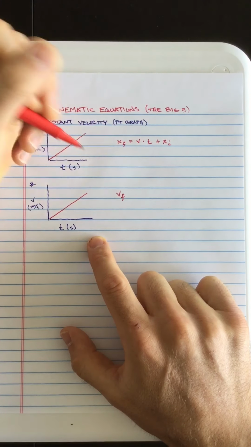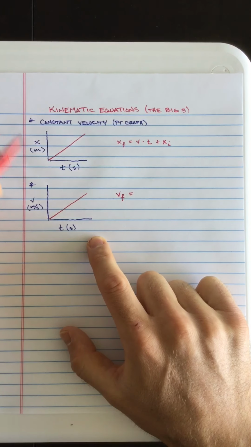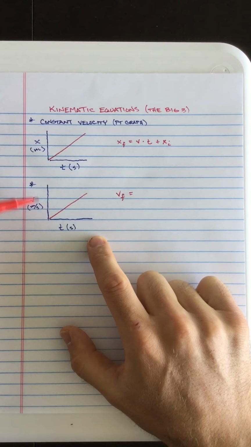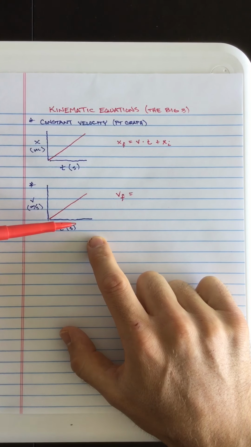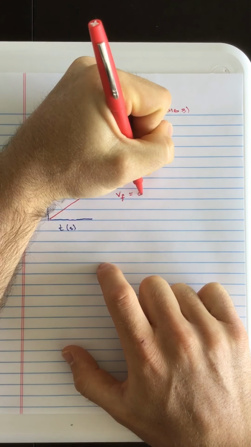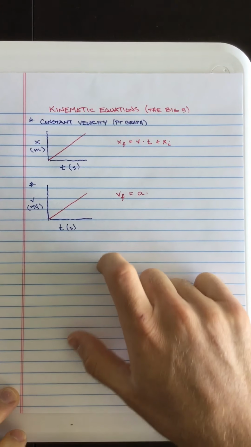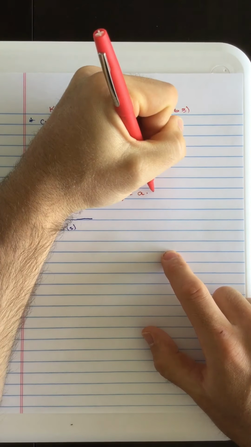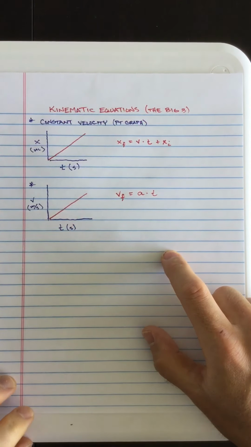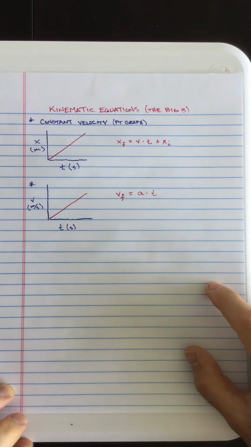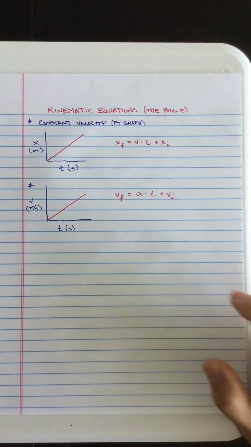So it's going to be final velocity equals, we already learned in class that the slope of a velocity versus time graph is change in velocity over change in time, which is the definition of acceleration. So that's my slope. Of course, on the x-axis is still time, so that's kind of nice. That stays the same. And to finish it off, the y-intercept would be velocity again, just the initial velocity, which I'll write as v with the subscript i.